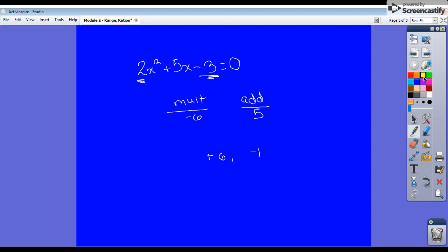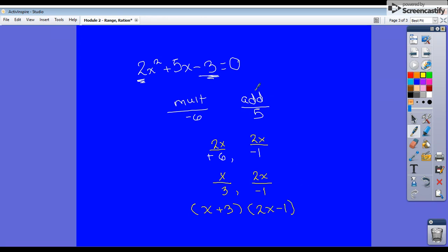Over each one of the two numbers, I always put the leading coefficient and x. And then from there, I put them as fractions because I may be able to reduce one. The first one I can reduce, so that gives me x over 3. The second one, I can't, so I'm going to leave it alone. Each one of these fractions represents my parentheses. So the first one is x plus 3. The second one is 2x minus 1.